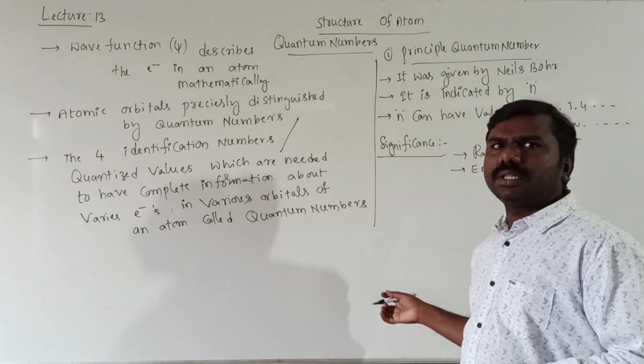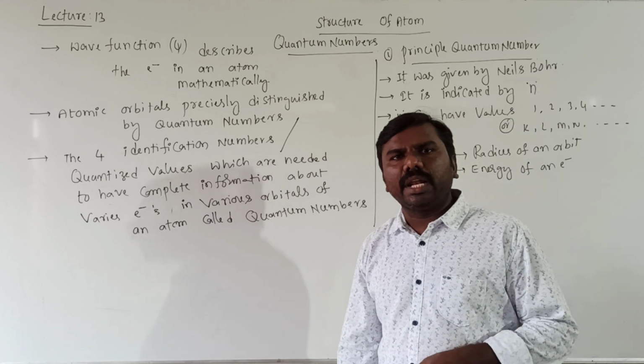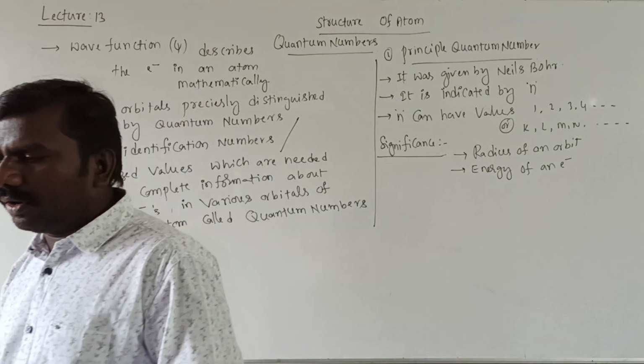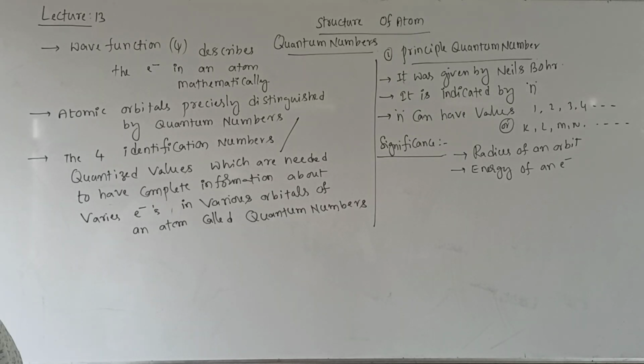So these two values, energy of electron and radius of an orbit, this quantum number tells about.